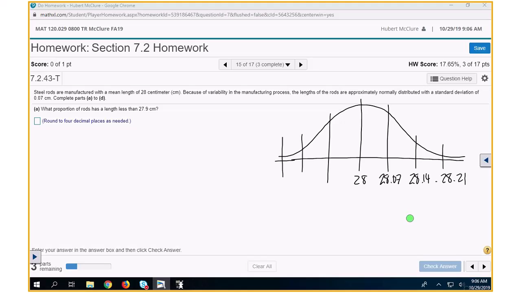And then backwards, 28 minus 7 cents is 27.93. And then 27.93 minus 7 cents is 27.86. And then 27.86 minus 7 cents is 27.79.